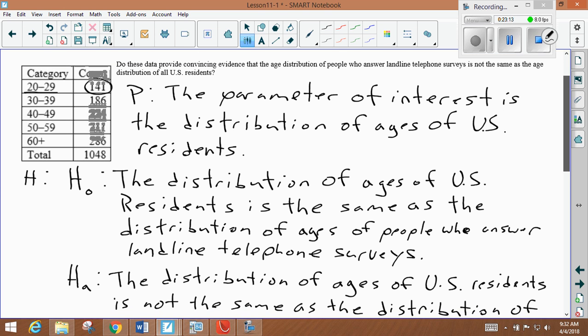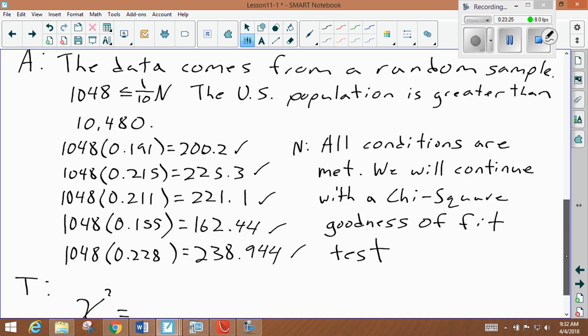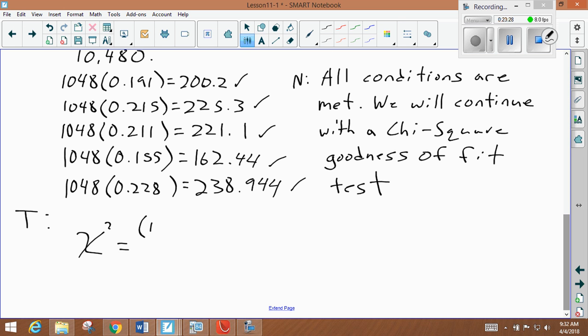All right, so our observed in this case is 141 for 20 to 29-year-olds. We just have to put the first couple. Our expected was 200.2, so 141 minus 200.2, squared, divided by our expected, 200.2, plus. I prefer to put the last term.